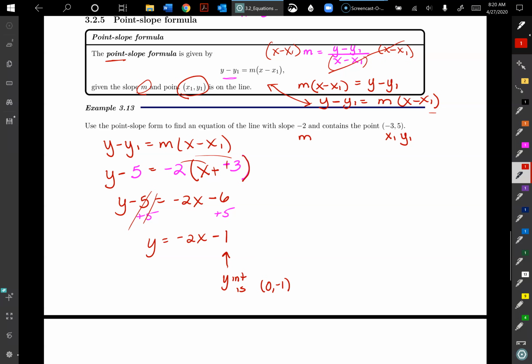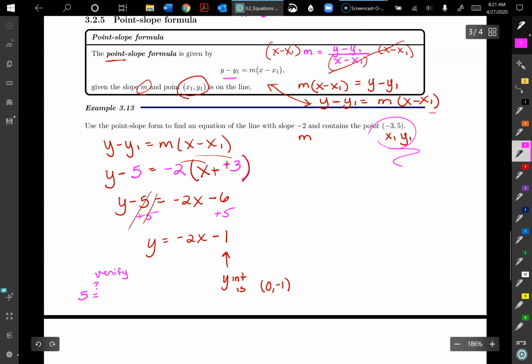And then again, we could check. We can verify that it works. We could take this point, negative 3, 5, and put it in there. Now this one, we don't want to plug into anything. We don't have an original equation. We want to plug into the thing we derived with our original info up here and see if we have a match.